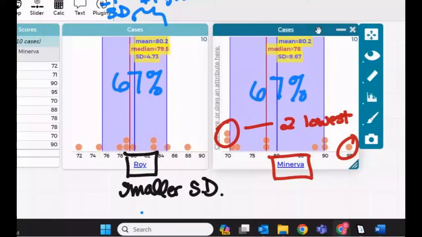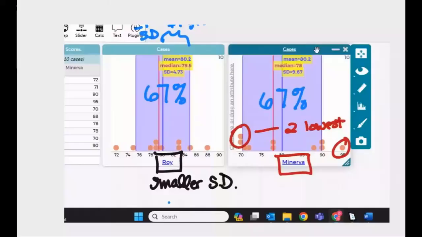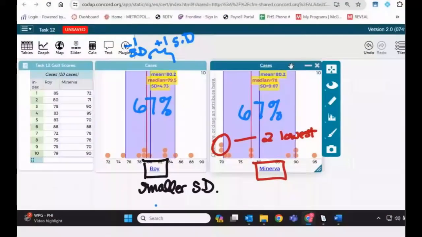My point is, you can take whatever position you want, but you have to back it up with your graphs and your data. Does that make sense? Okay. That is what you are going to be working on today.